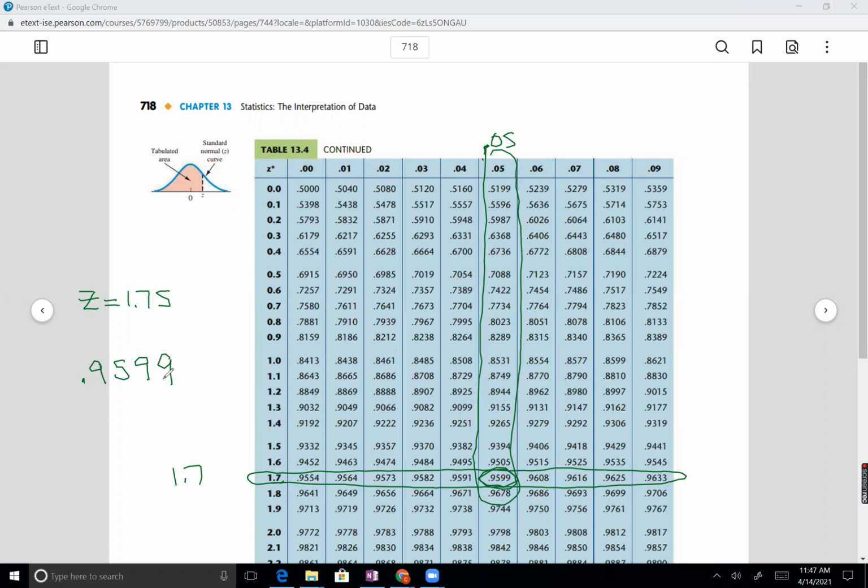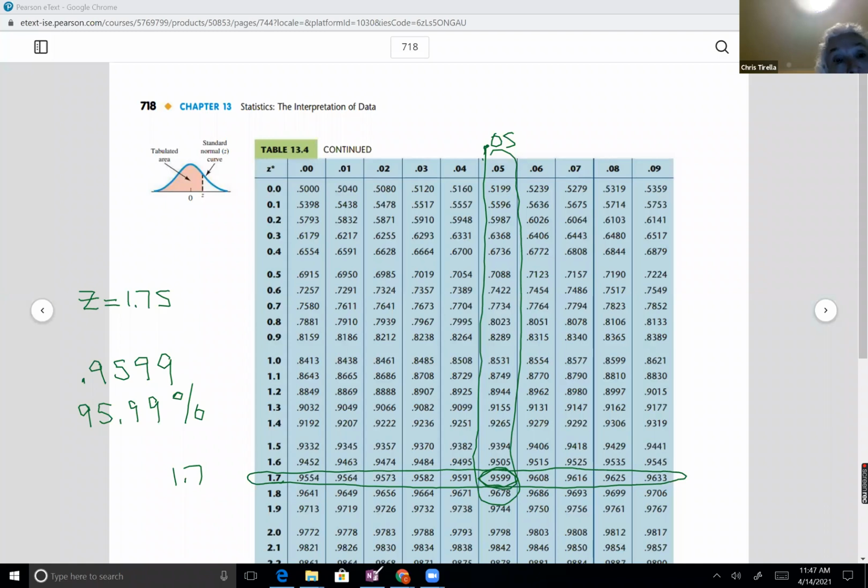And so that tells me that that score of 675, we're going to change that into a decimal. That's 95.99%. And so that would be saying that that score of 675 was at the 95.99 percentile, or if you got a 675 on that English, you did better than 95.99% of the people who took that English test.